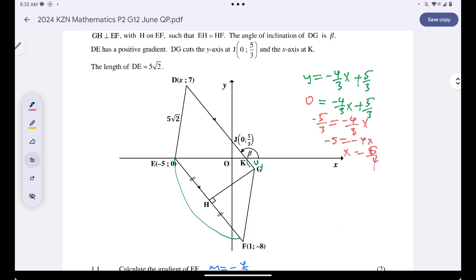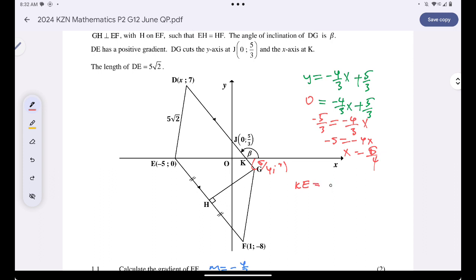altogether. So I now know that my coordinates there will be 5 over 4 and 0. So I can find the horizontal distance of KE, right?